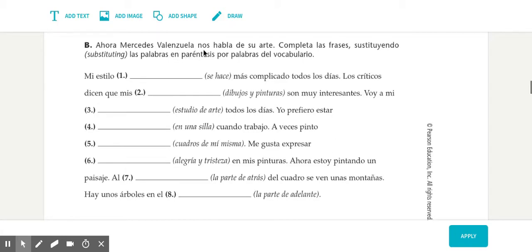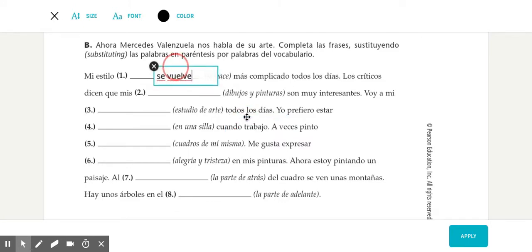Ahora Mercedes Valenzuela nos habla de su arte. Now Mercedes Valenzuela is going to talk about her art to us. Right? She's going to tell us about her art. Completa las frases sustituyendo, substituting, las palabras en paréntesis por palabras de vocabulario. So, mi estilo se hace, it becomes, se vuelve, ¿verdad?